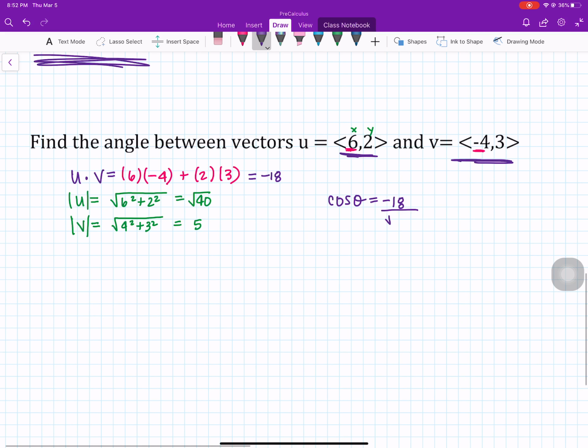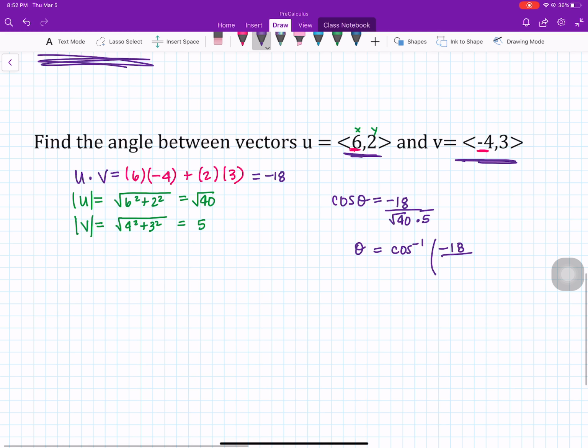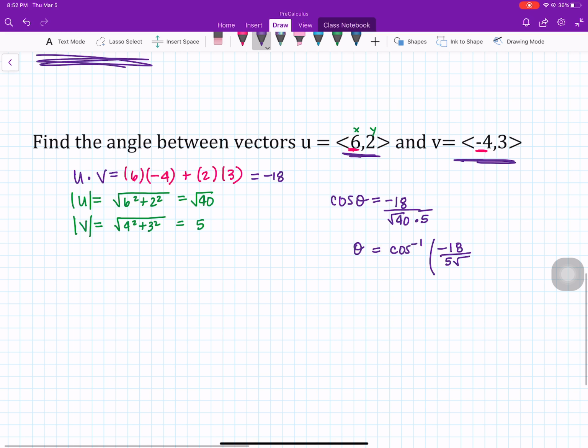So we have the square root of 40 times 5. And you can just punch this in your calculator. Remember, to get theta by itself, you're going to do the inverse cosine. So we have negative 18 over 5 root 40.